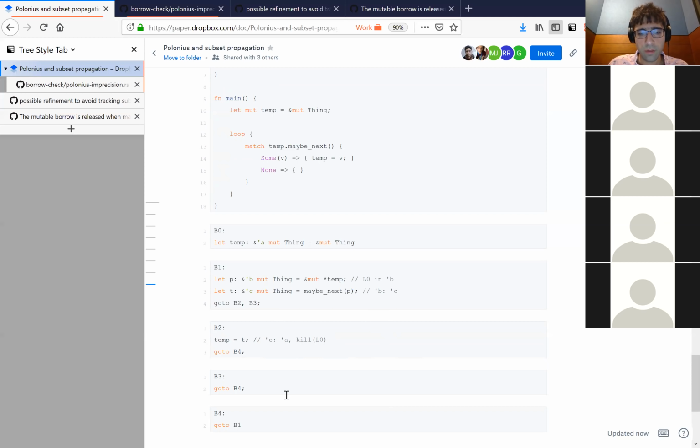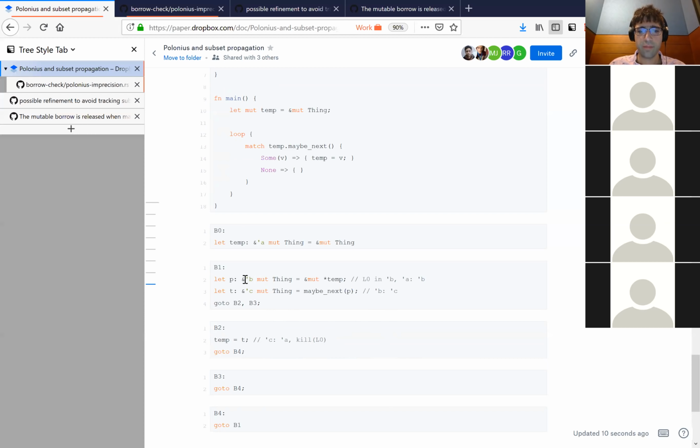And so what you wind up with if you propagate this through is that, there's something missing. Oh, right, there is this. This is correct. Because we borrowed star temp, so we have that relationship between the mutable reference that we dereferenced.